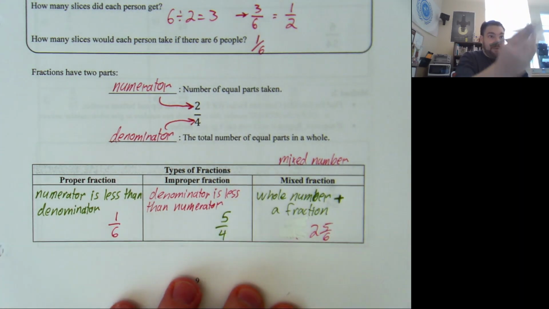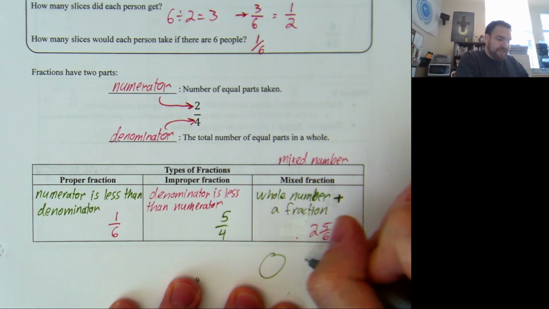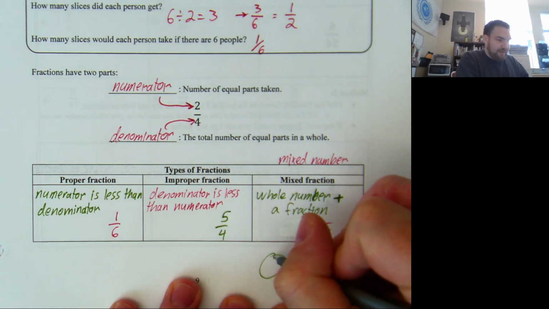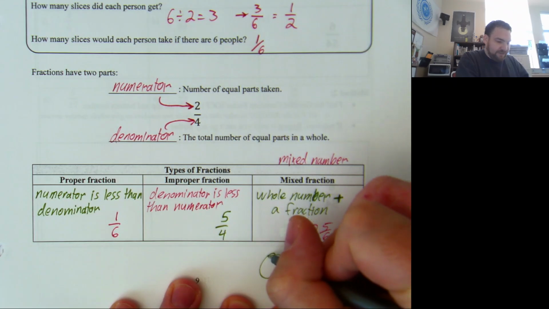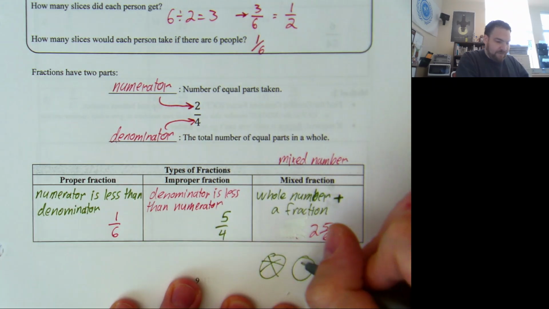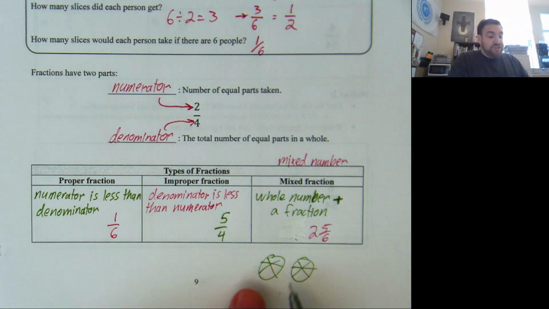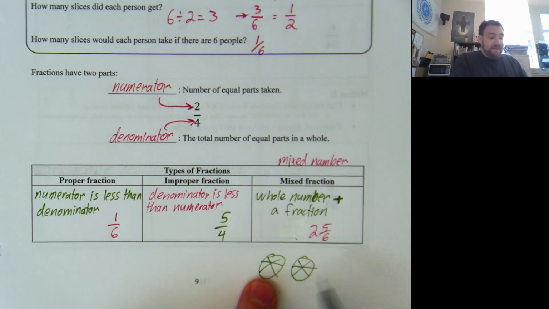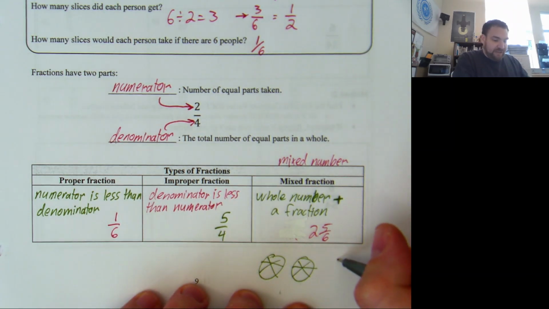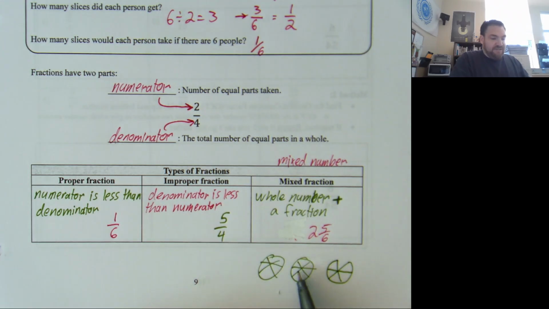So your example, I would have 2 whole pizzas. How do I cut this thing into 6 nicely? Let's go that way, and that way. So this is 2 whole pizzas, and then 5/6 of a pizza would look like this, where I've got 6 slices, and then 1, 2, 3, 4, 5 slices.